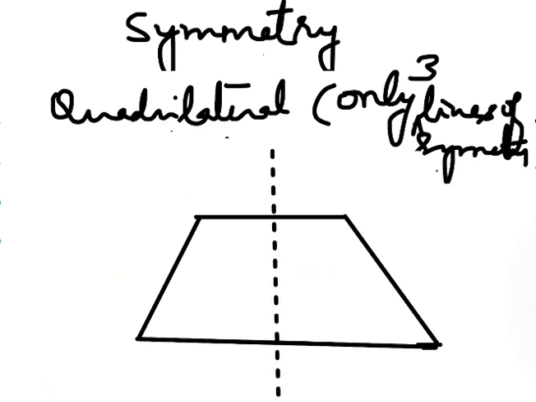It can be symmetrical this way, but it cannot be symmetrical this way. So it's ruled out. Can it be symmetrical this way? Not that way either.